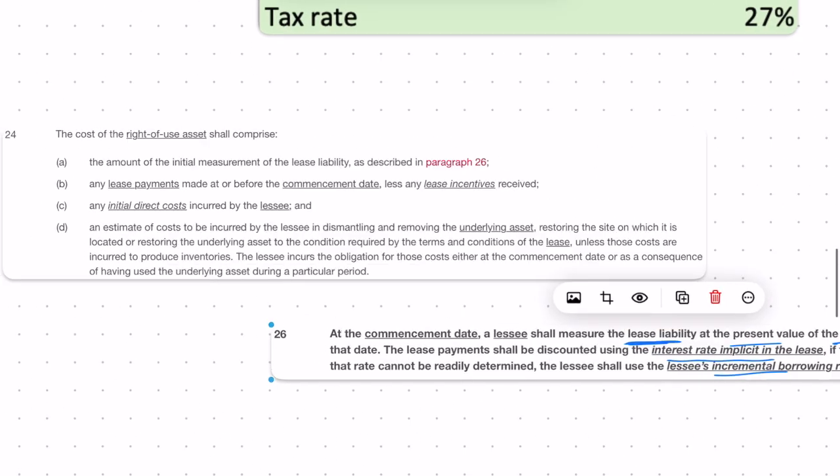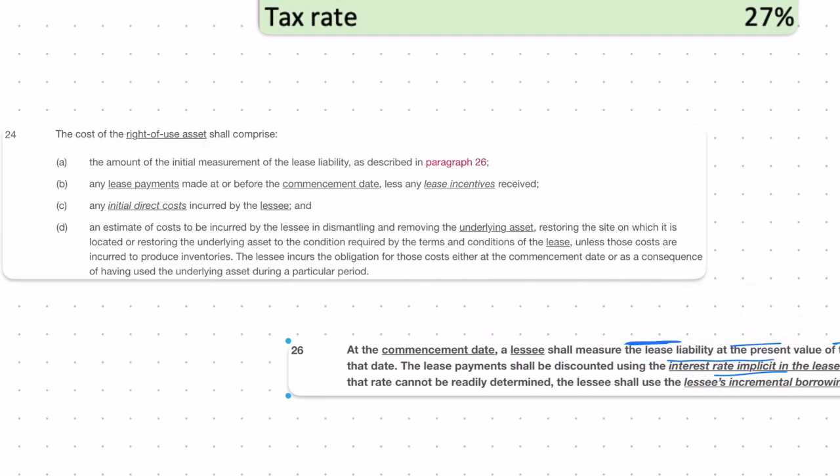Now, when it comes to the right of use asset, IFRS 16 tells us that we are going to have, first and foremost, the initial amount of the lease liability. So whatever the lease liability was over here, this is going to be included in the right of use asset.